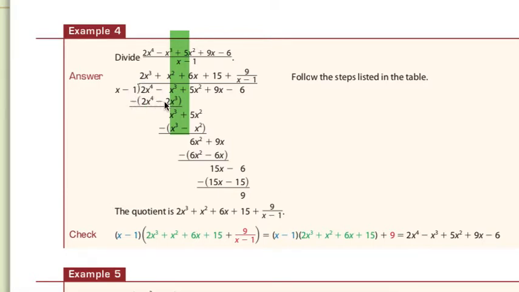And this is actually adding, right? We have that minus and minus. So we have 2x cubed minus x cubed, which is just x cubed. Bring down the next term. Divide again. How many times can x go into x cubed? Well, x squared, and so on and so forth.